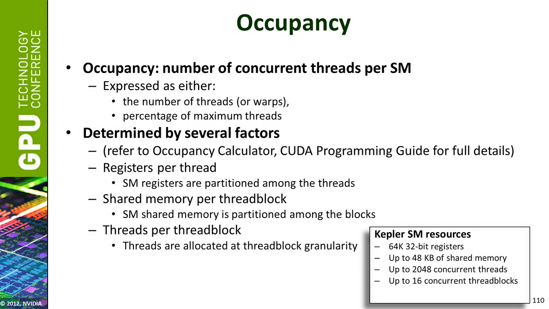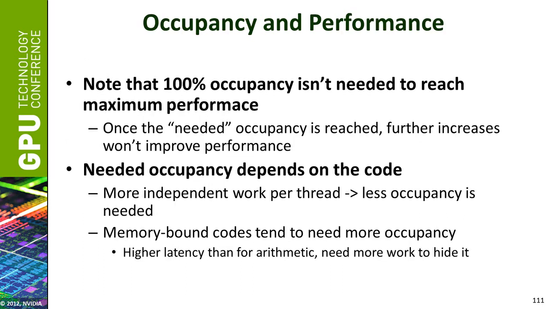Okay, so occupancy and performance. Many people, when they first start programming for GPUs, think, I need to achieve 100% occupancy, or run all 64 possible warps per SM. That's really not the main requirement. You often will get away with many fewer warps than 64 per SM and get very nice performance, because ultimately you don't just want to occupy all the warp slots, you just want to have enough warps to hide various latencies, and that will depend on the code.